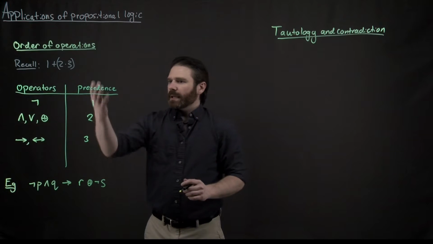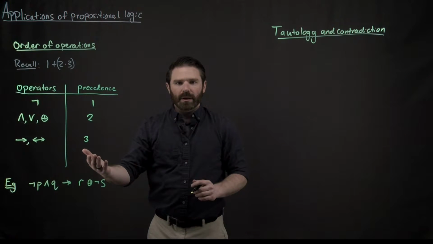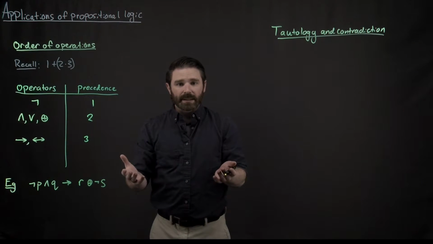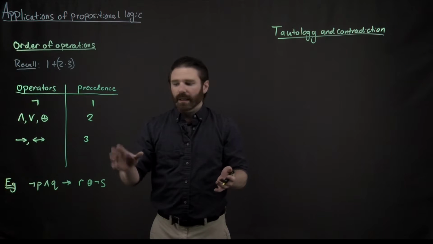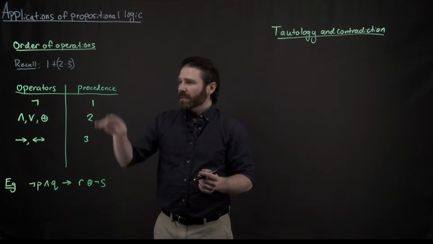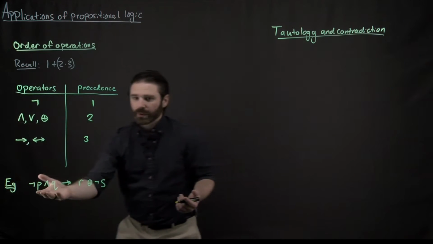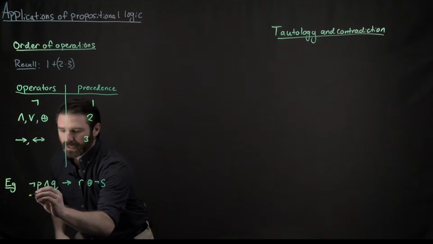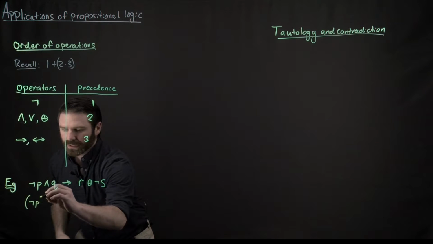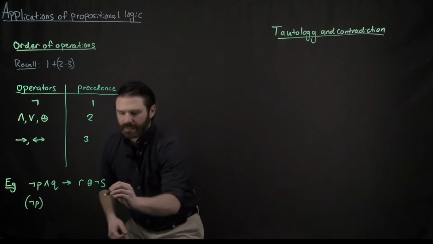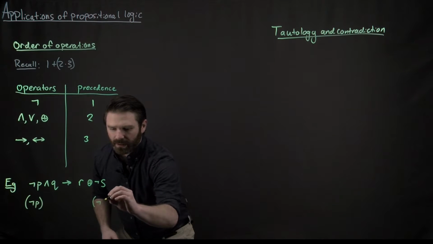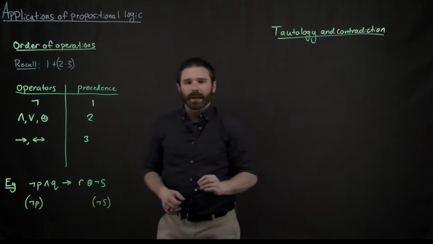So utilizing our precedence of operators right here, I'm going to use brackets to represent when we apply the different operations here. So once again, the not trumps everything. So in particular, this not P right here, that would be the very first thing that we would look at. And this not S over here also has top priority.